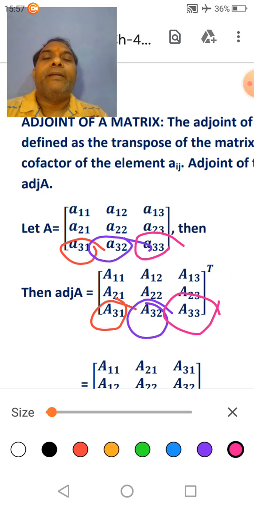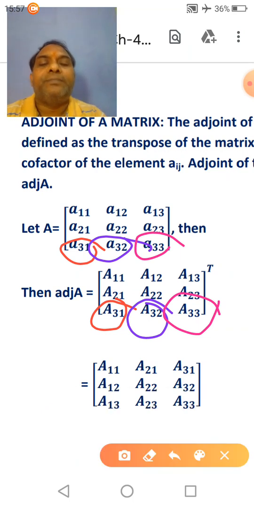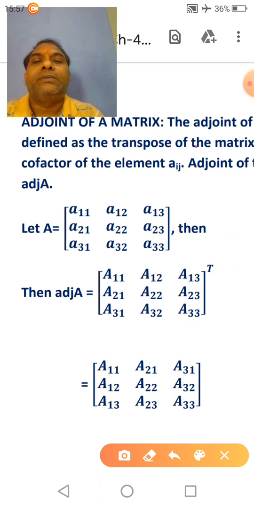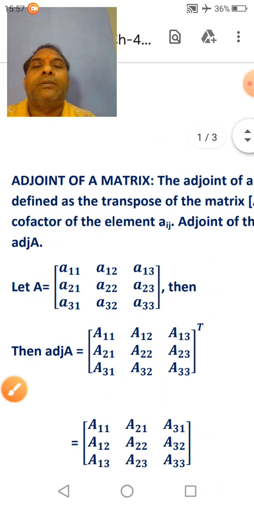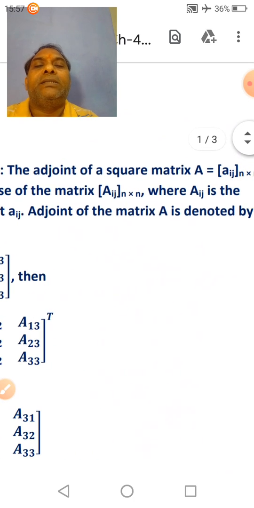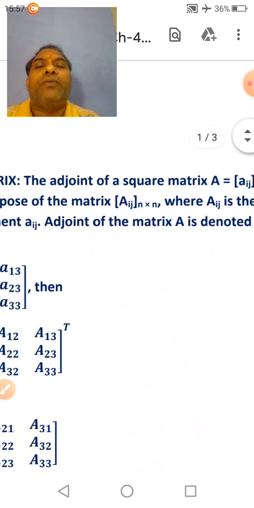It means the adjoint of a matrix is the transpose of the matrix of cofactors of the elements of matrix A. Simply you can say that adjoint of A is equal to the transpose of the matrix of the cofactors.